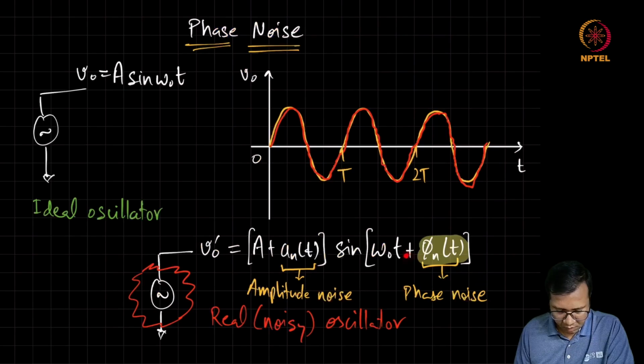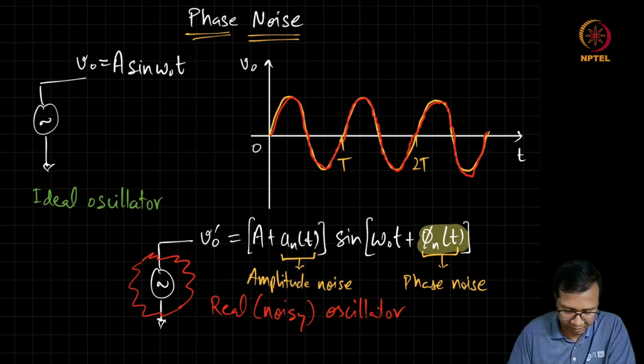Okay. So assuming that this amplitude noise will somehow be removed either in the oscillator or in the mixer stages, we'll try to understand how the output of a real oscillator will look in the presence of phase noise.